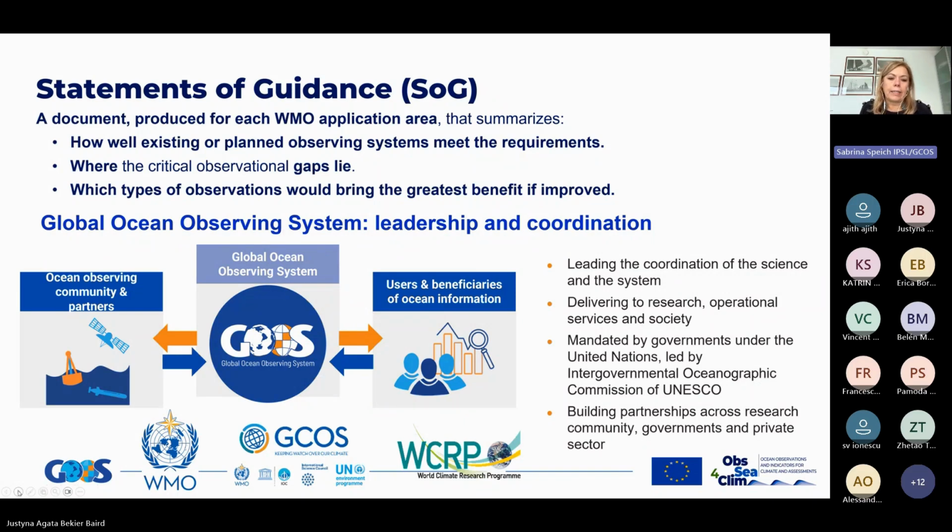It translates the outcomes of the rolling review of requirements into concise policy-relevant advice, and provides guidance to decision makers, so the nations that essentially fund the observing system, or space agencies, on priorities for observation investment. It serves as a benchmark for progress in addressing gaps.